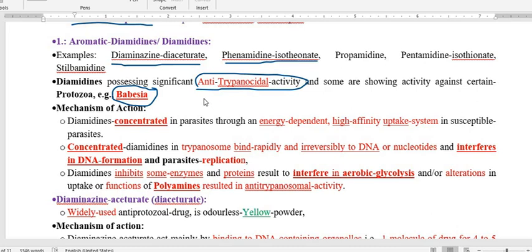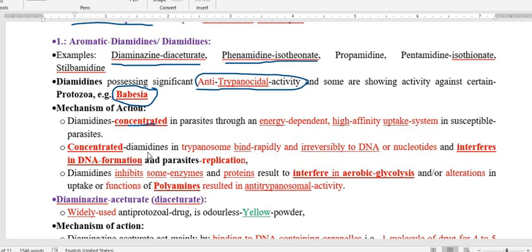But the problem with diaminazine diaceturate against trypanosomiasis, that we have to discuss later on. First we have to go through the mechanism of action.